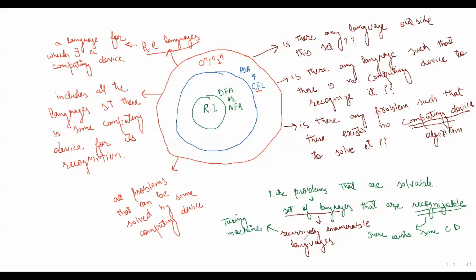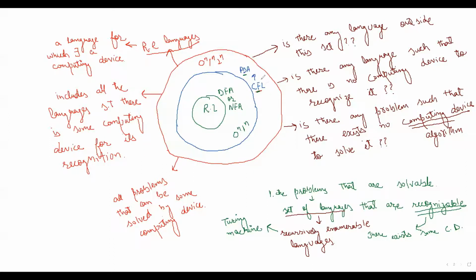Okay. So that means for any recursively enumerable language, there exists a Turing machine. So here we know, for example, this kind of language, 0 raised to the power n, 1 raised to the power n. We know this language is a context-free language. Okay. So if it is a context-free language, that means there exists a PDA.